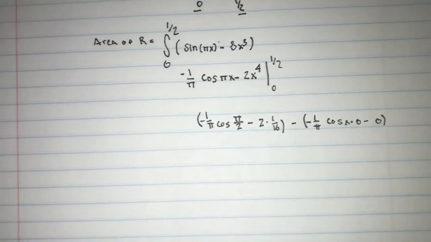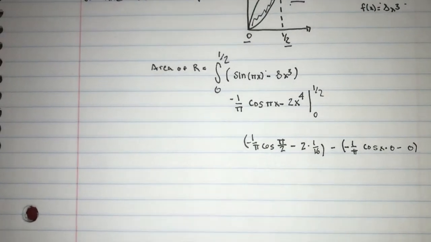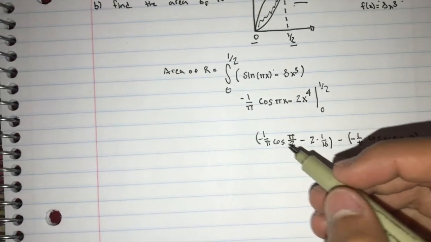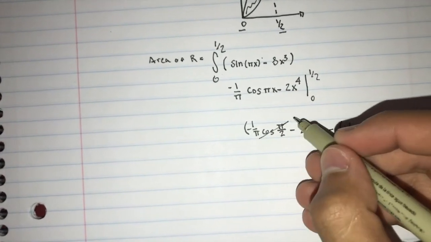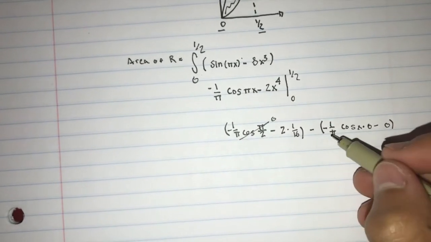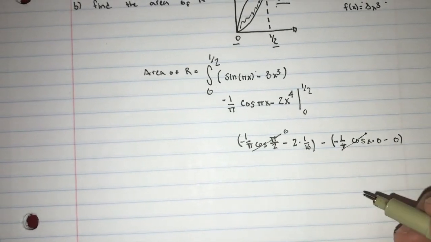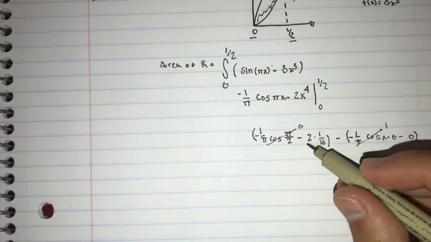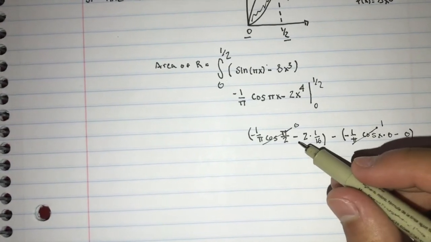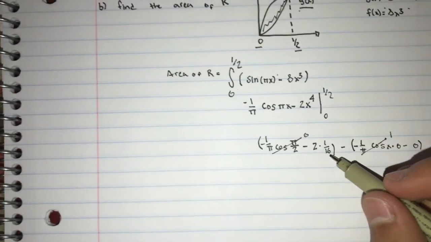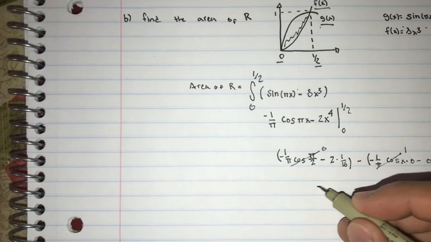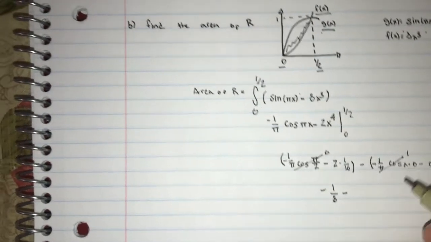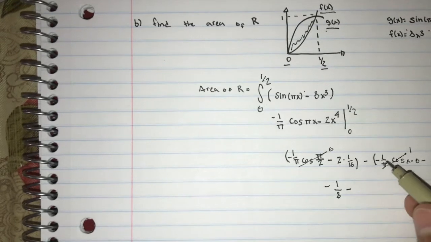Going by the basis of this, we will start solving. This cosine already equals 0, and this other cosine already equals 1. So we will have negative 2 times 1 over 16, giving us negative 1 over 8, minus negative 1 over pi times 1.